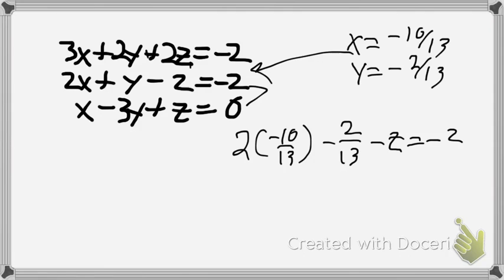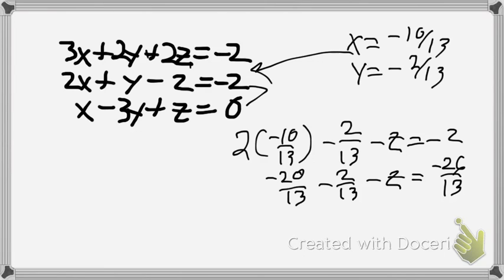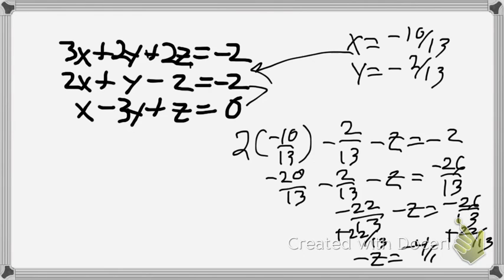That's what I get by plugging them in. I can work it through and get z equals 4/13, which is correct.